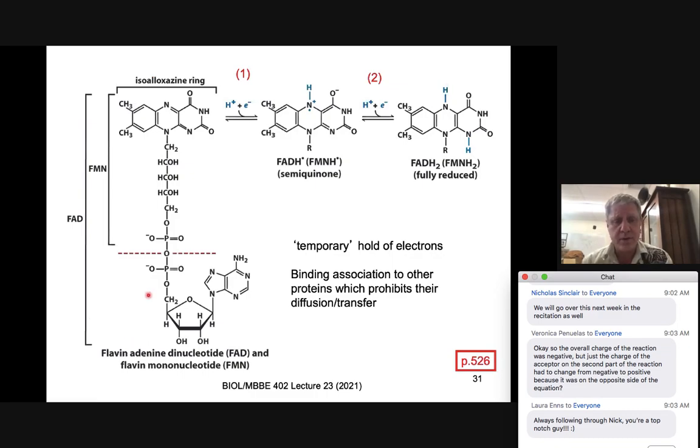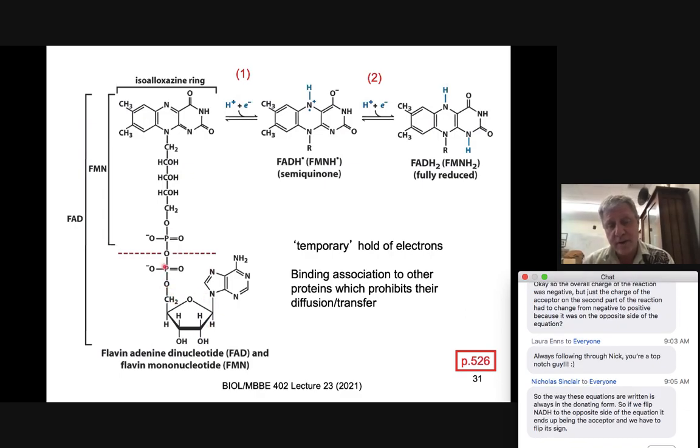So here is the molecule here. Here we have the adenine group, the carbohydrate, two phosphate groups, and then another carbohydrate linked to a very complex three-membered ring called an isoalloxazine ring.